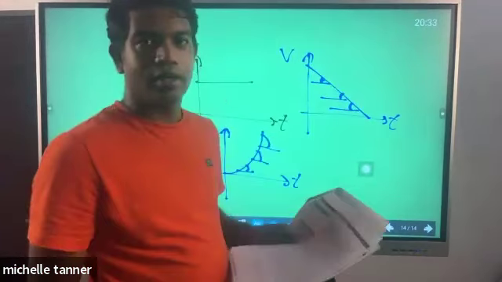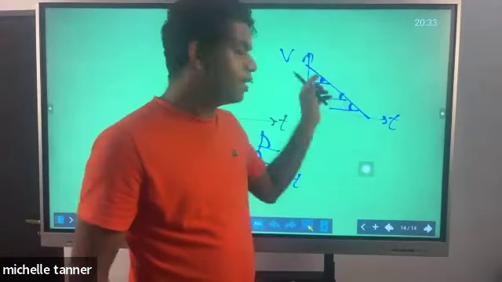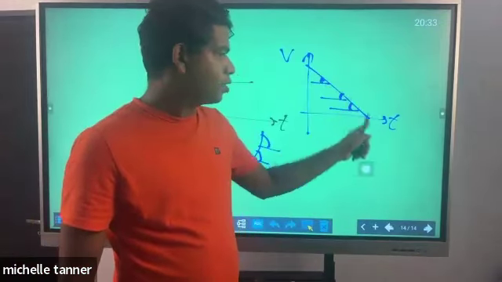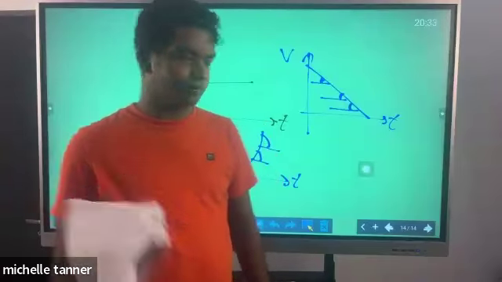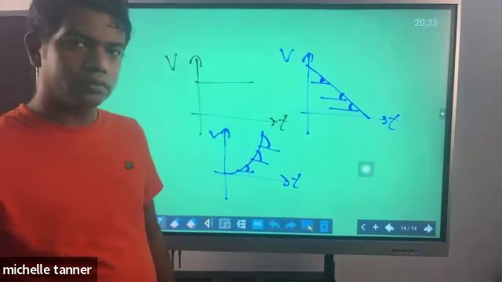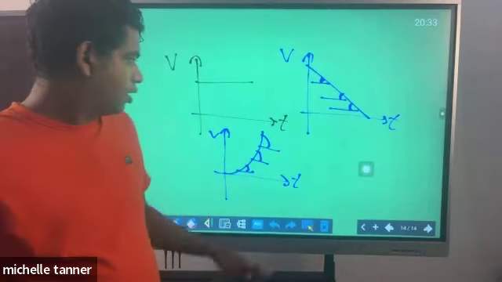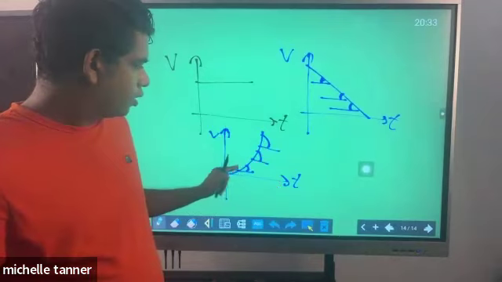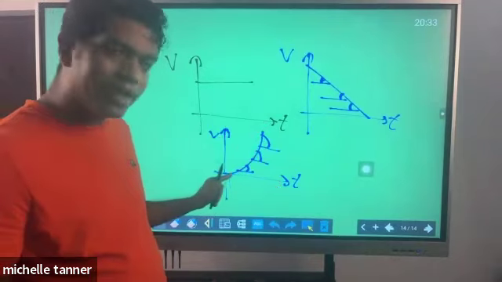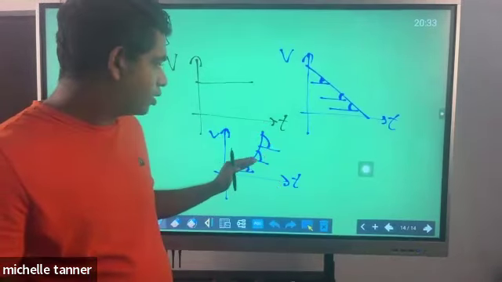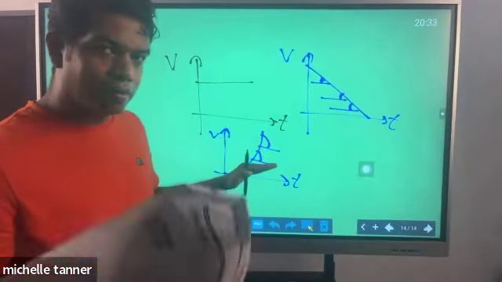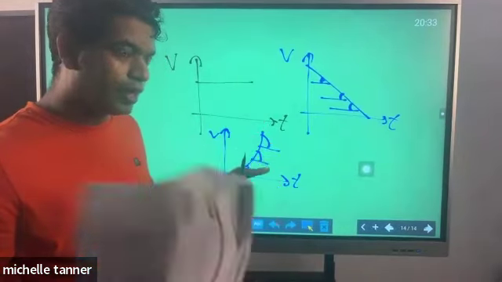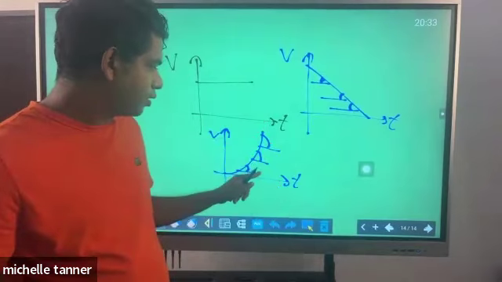That means deceleration. The object moves with constant deceleration because the angle is constant. And mark this graph also. The gradient is positive in this line because the angle is less than 90 degrees, an acute angle.